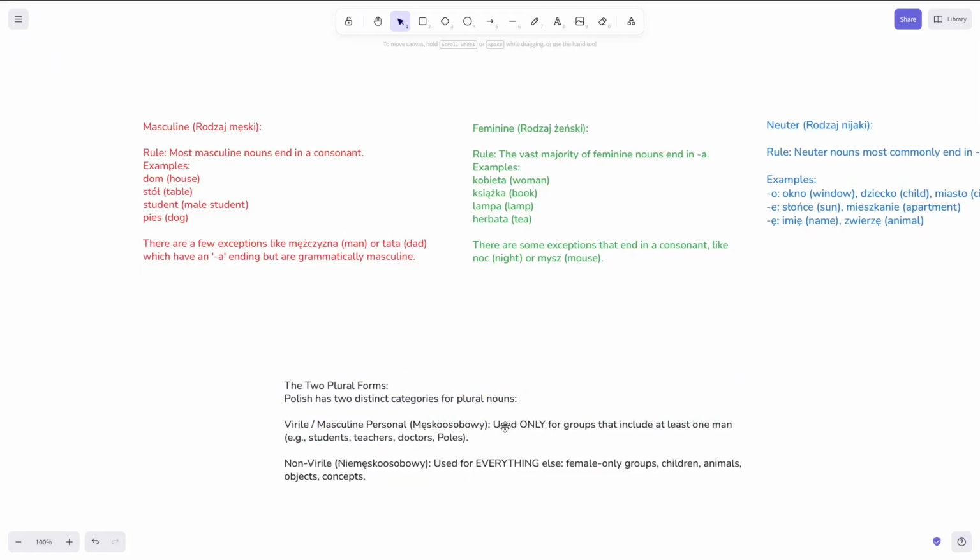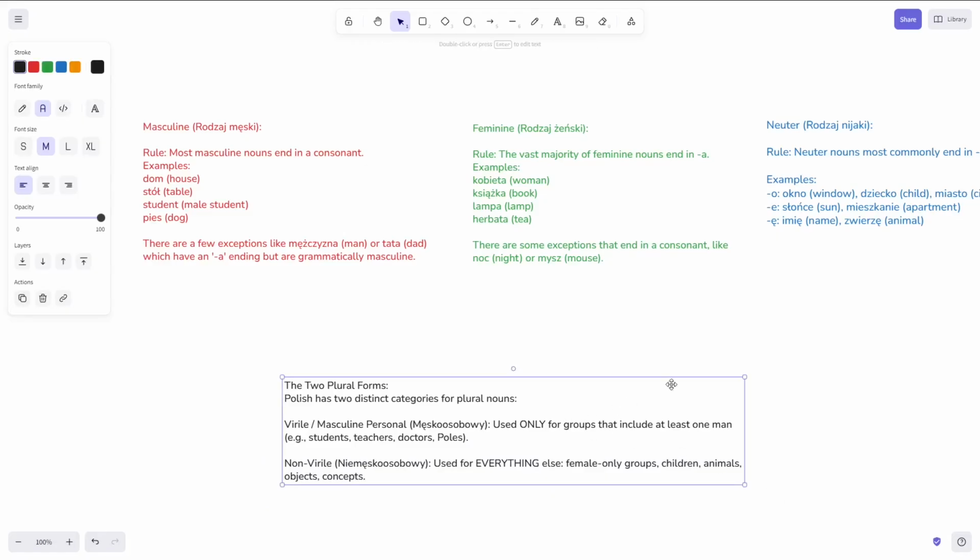So basically, it's used only for groups that include at least one man, okay? So it has to be something like students, teachers, doctors, Poles, so basically any group regarding the occupation, group of people, right? And everything else, such as female-only groups of people, children, animals, objects, concepts, whatever, will be the non-masculine, okay? I hope it makes sense.